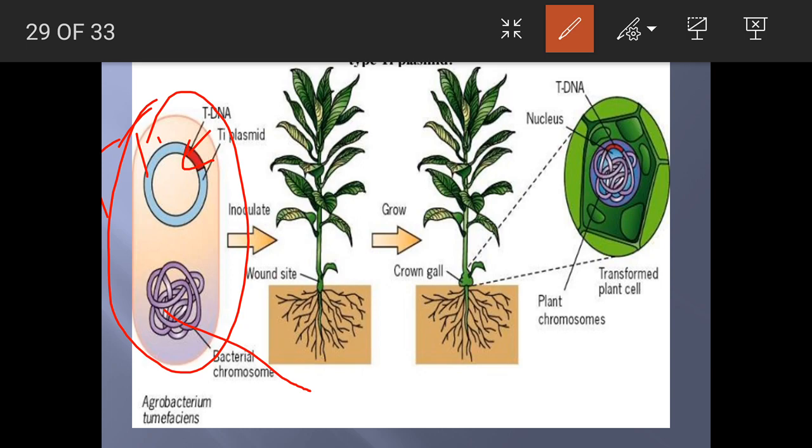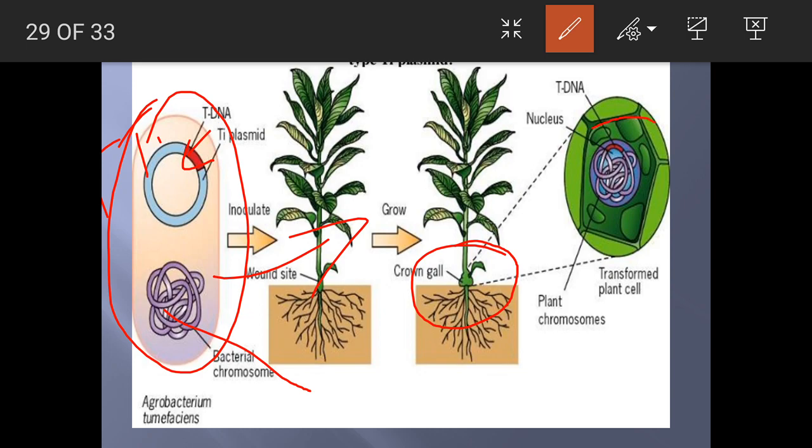We need to allow this agrobacterium to infect this plant. At the wounded site, we need to cause damage to the plant and then allow this agrobacterium to infect. So the agrobacterium containing our desired gene in the tDNA is going to cause the gall or the tumor in the plant, especially in this region.